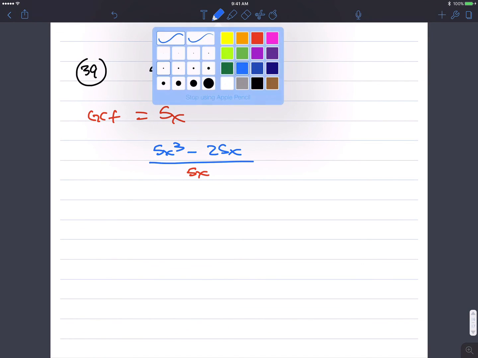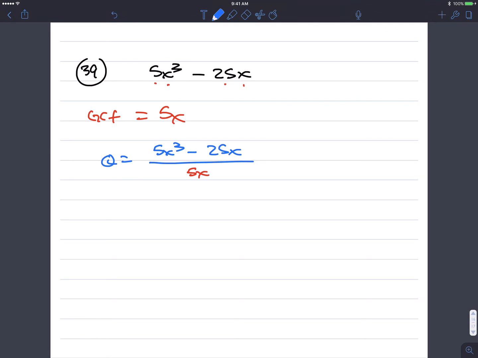This is going to give me my quotient. So, this is 5x cubed over 5x minus 25x over 5x. What's my quotient going to be? 5 goes away. x squared. 25 divided by 5? That's minus 5. Is that true?